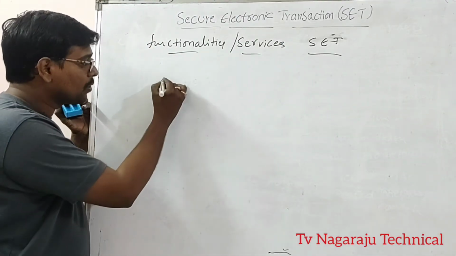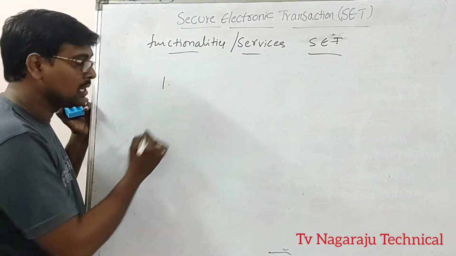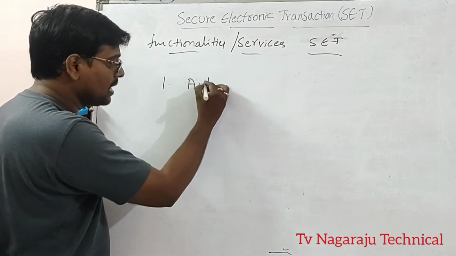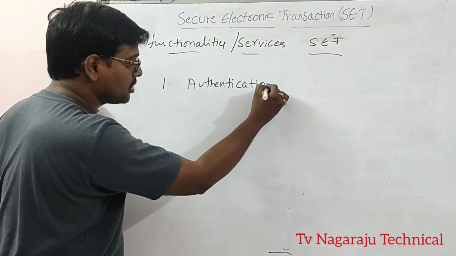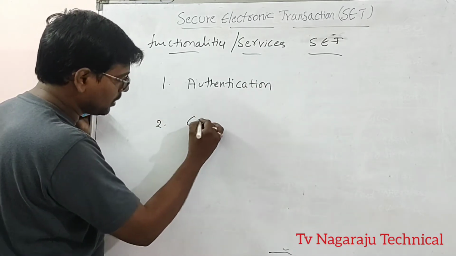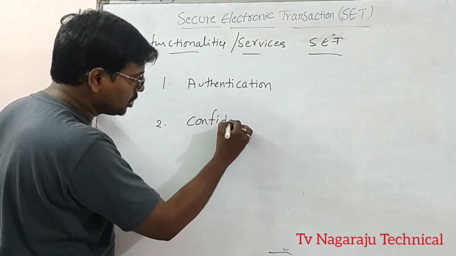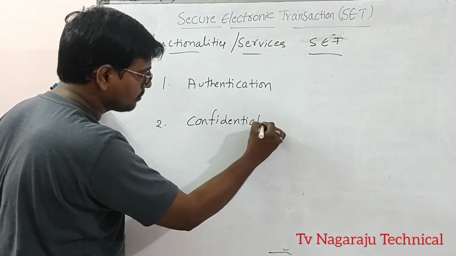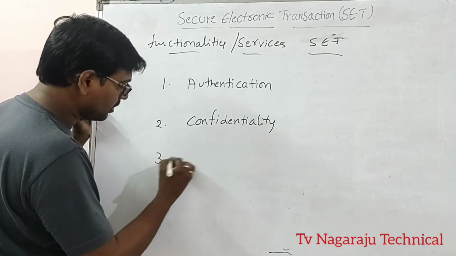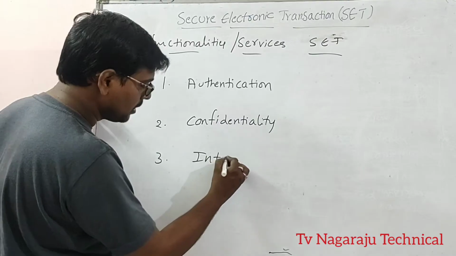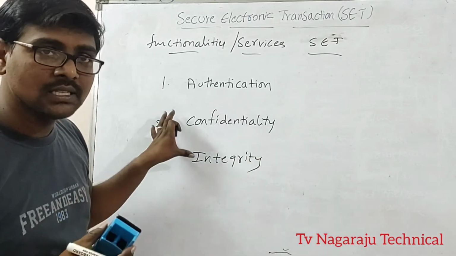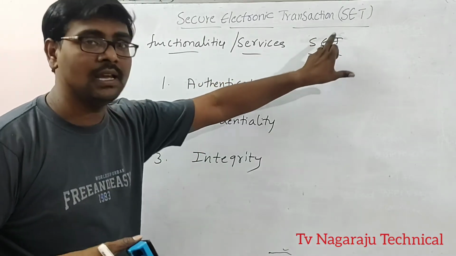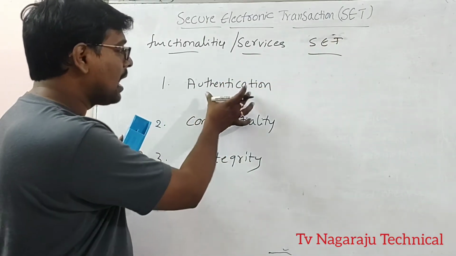SET mainly provides three services. The first one is authentication. The second one is confidentiality, and the third one is integrity. These are the three services or functions for any electronic transaction.